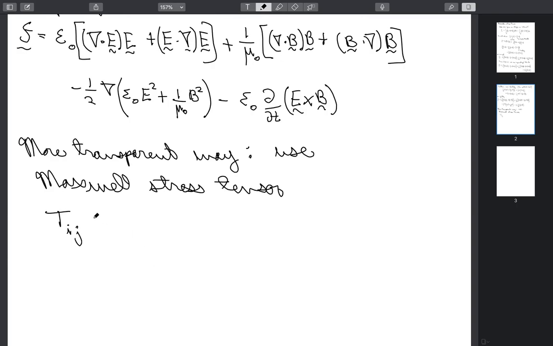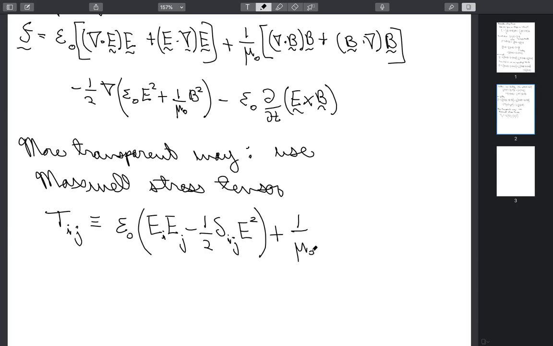By definition it's the following object: there's an epsilon 0, and for the electric part, you take component-wise the electric field, E_i E_j, but with a Kronecker delta, if the two indices are equal, you subtract 1/2 of E squared. Okay? And then the same thing for the magnetic field part: B_i B_j minus 1/2 delta_ij B squared. All right.